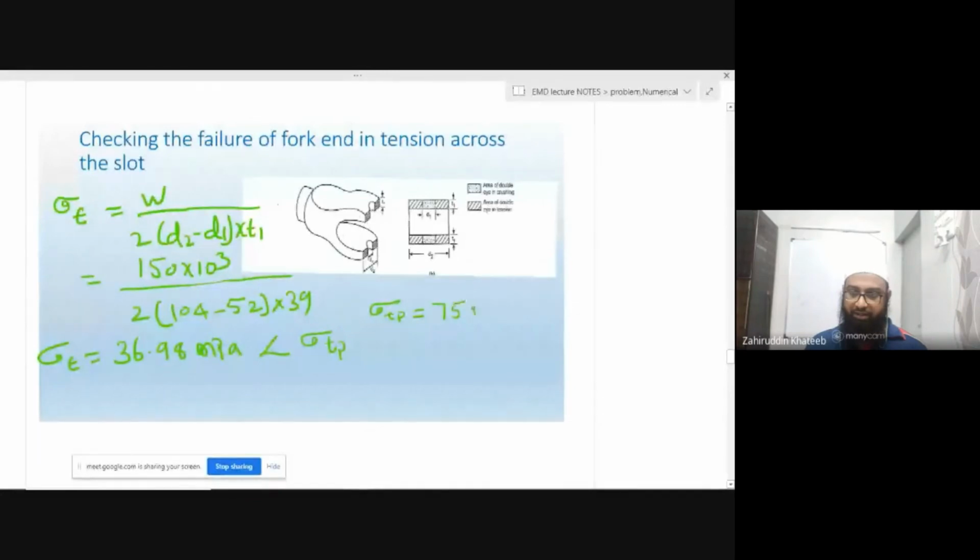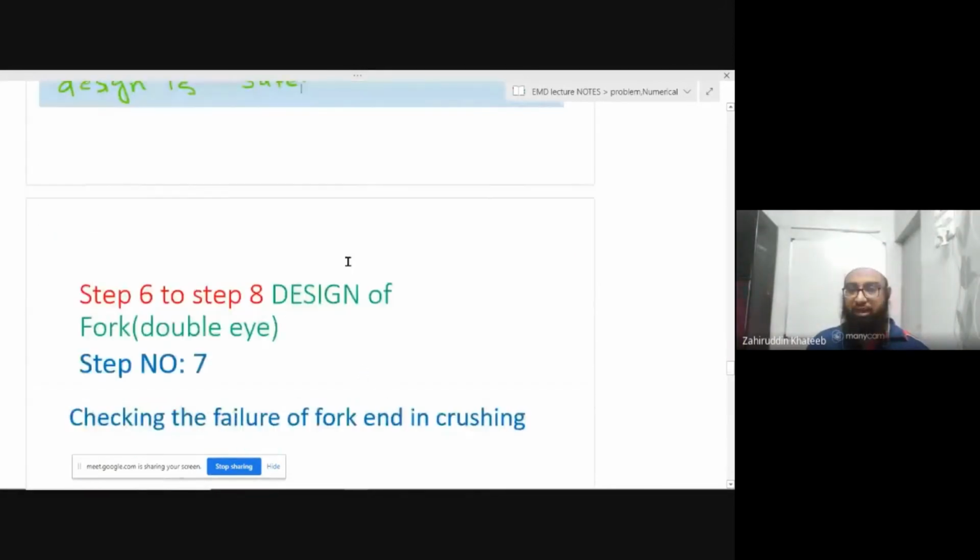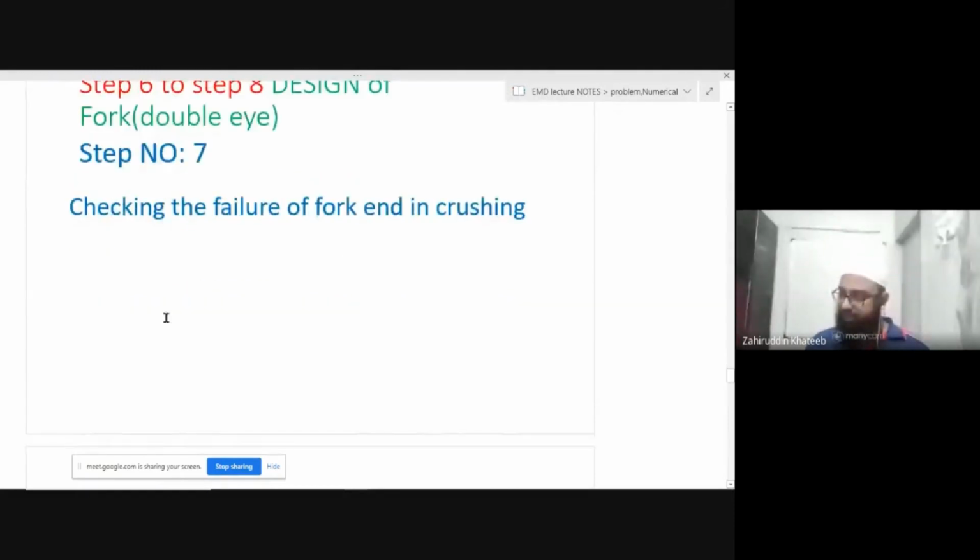So again you can see here this 36.98 is less than permissible, so the design is safe. You can also write this small statement, but you have to show this is less than sigma T permissible.